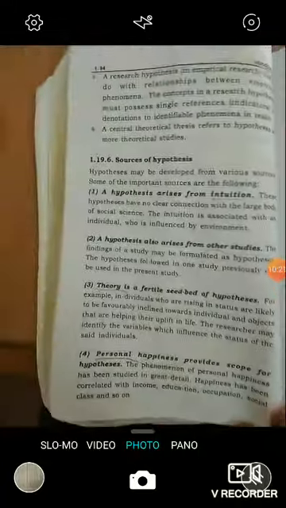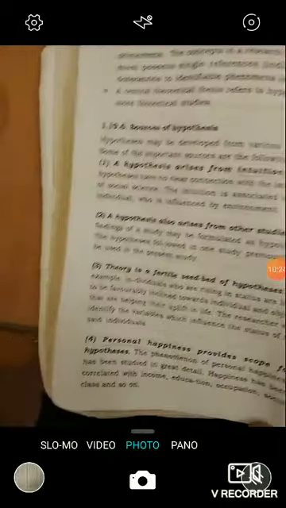The hypothesis can be formulated in different ways, which we are going to see now. First, the sources of hypothesis.